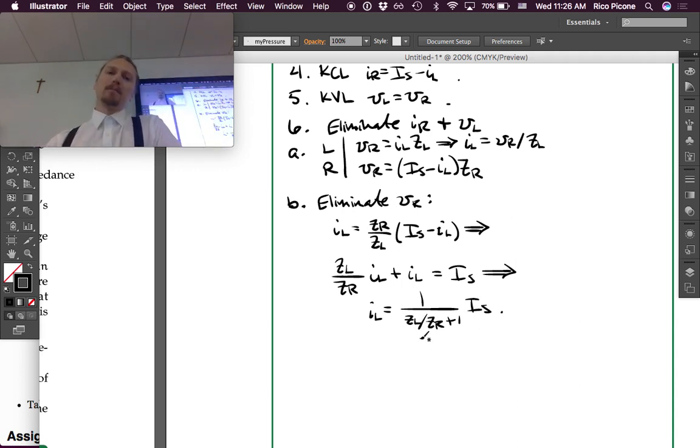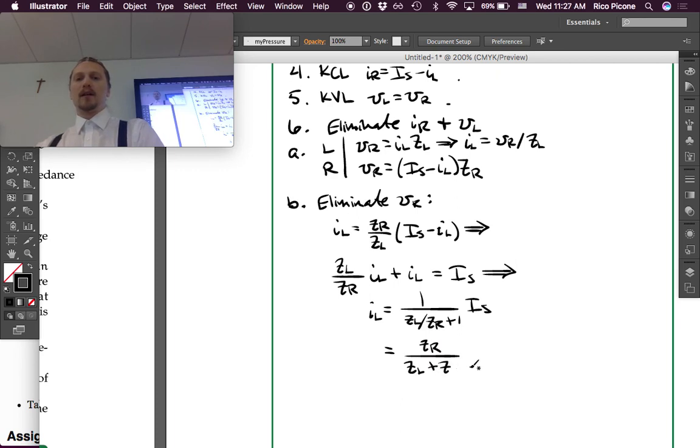I don't even know if it's really simplified, but we can sort of simplify it by multiplying by ZR over ZR, which gives us ZR divided by ZL plus ZR, times IS. We might be tempted at this point to say, oh, is this like a current divider or something?